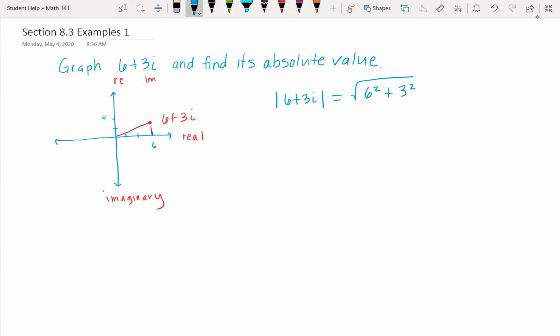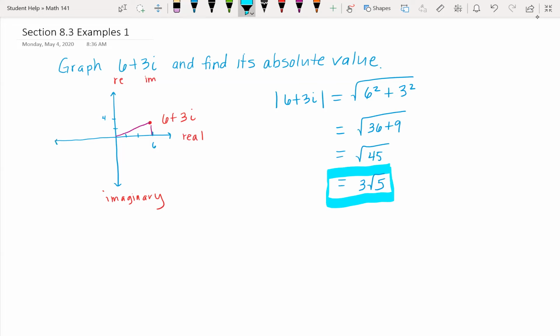We're taking both of the components, the x and the y component, squaring them and taking the square root to find the length of that hypotenuse. So this is the square root of 36 plus 9, or square root of 45, which simplifies to 3 root 5. That'll be the answer for the length of that vector.